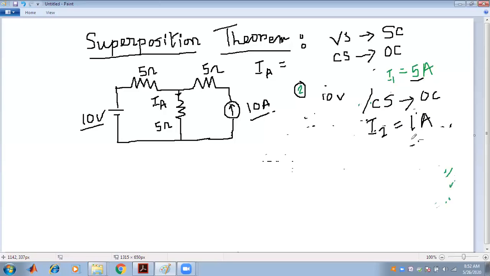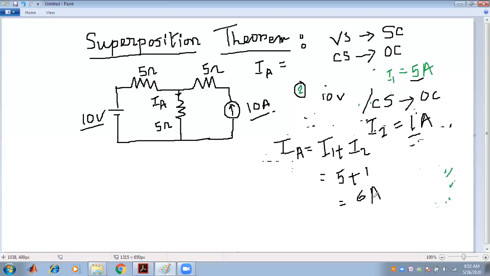I2 means when the 10-volt voltage source is operating and the 10 ampere current source is open circuit, the current is 1 ampere. So the total current, that is IA, with the help of the superposition theorem, is the summation of I1 plus I2, that is 5 plus 1, that is 6 ampere.